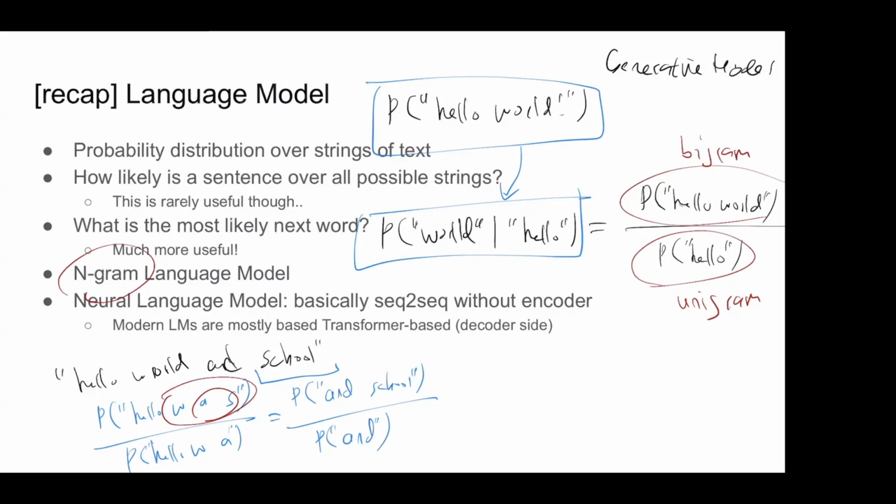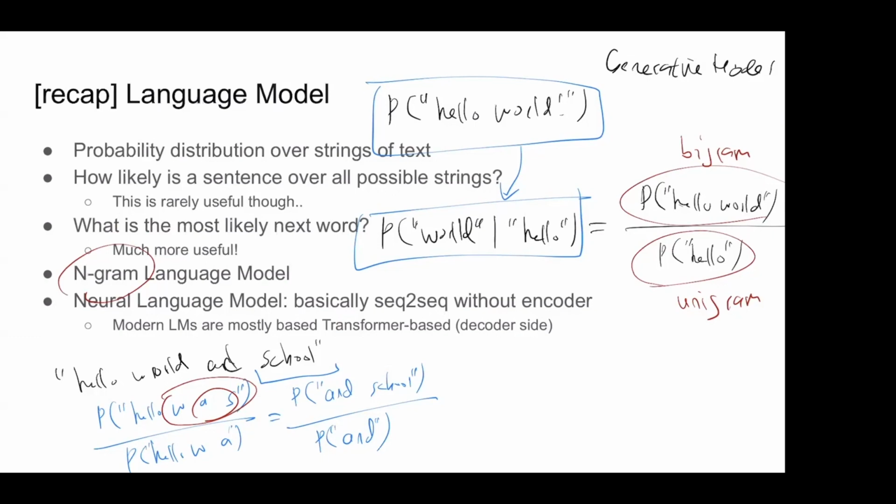You just need to count how many times and school appear together among all possible bigrams in the training data. That's how you compute the probability. But the problem with this approach is that as n goes up, most n-grams that you see at inference time will not have appeared in training time, right?